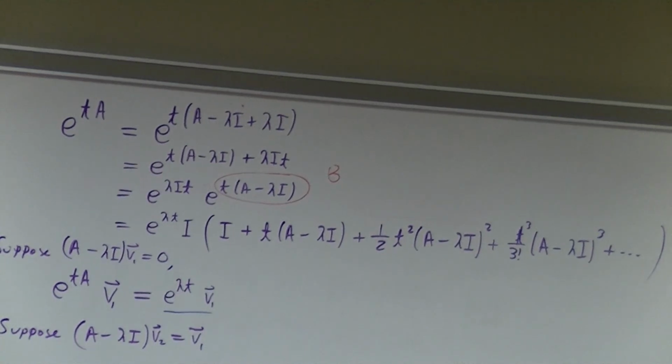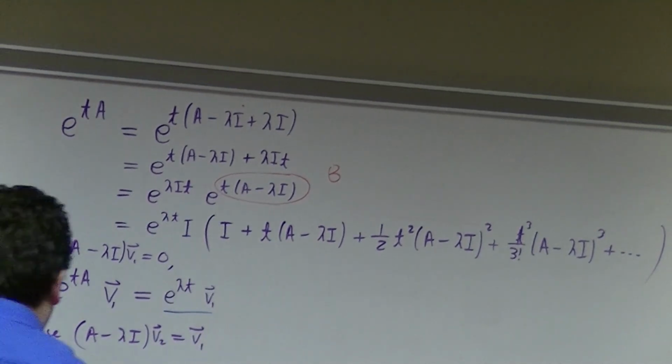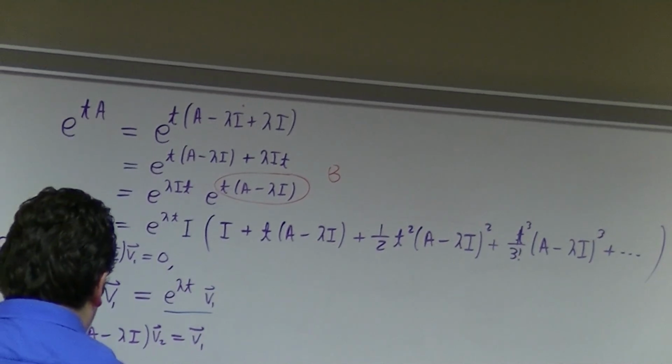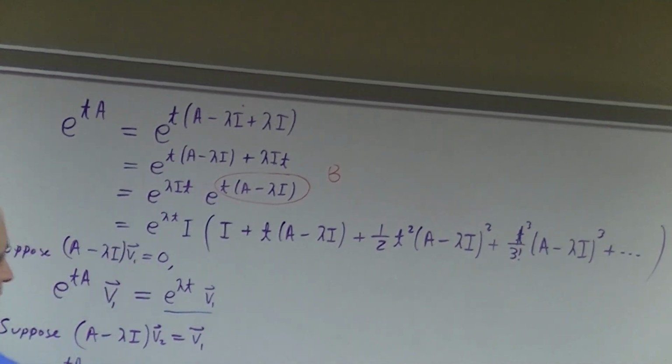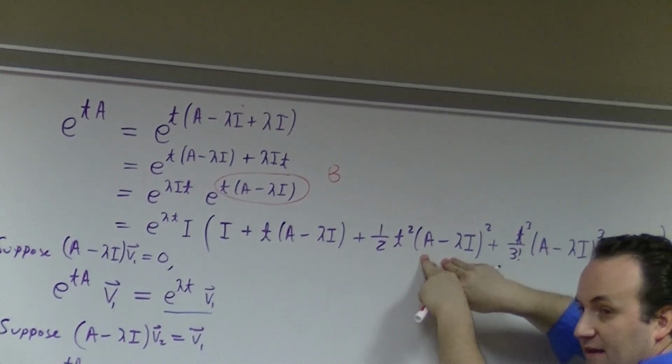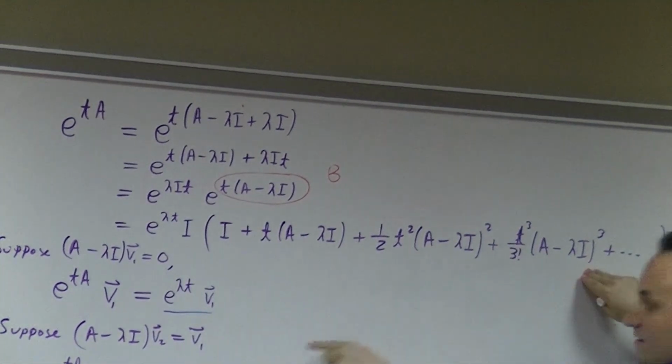What does that do to the magic formula? Hit that on the magic formula, what happens? By construction, this is 0, which means any higher power of it will also be 0 when it hits v2.